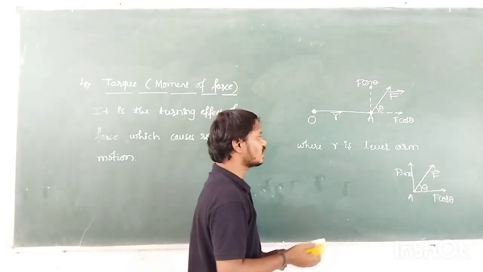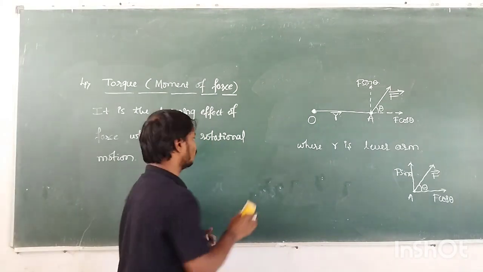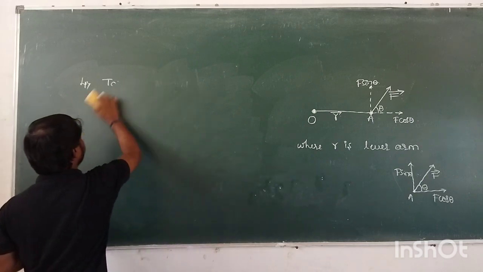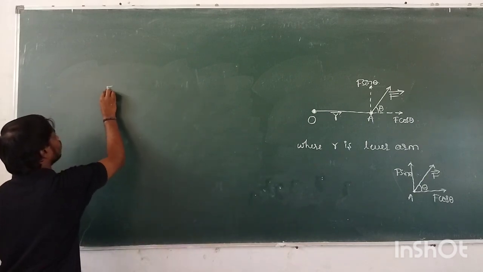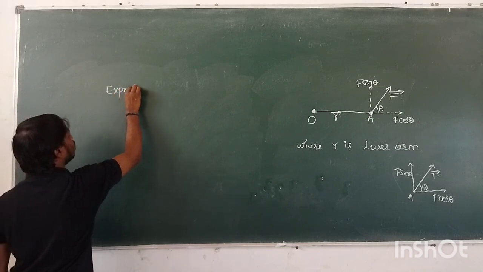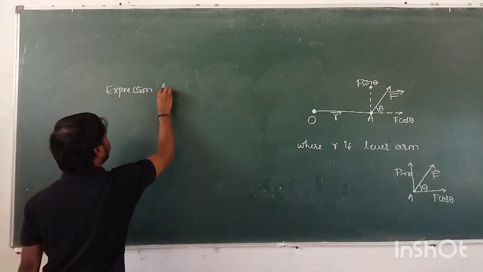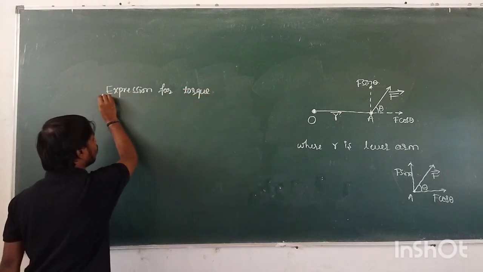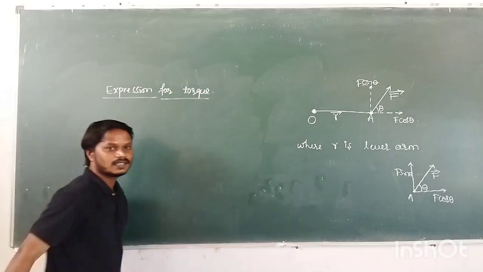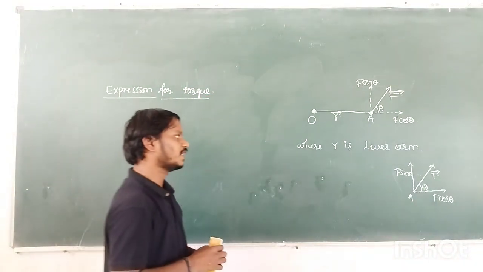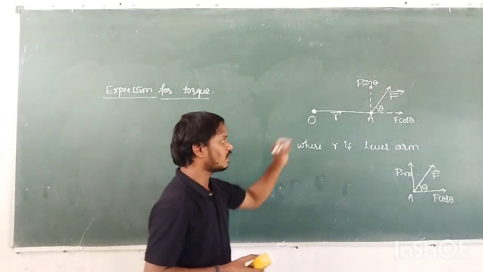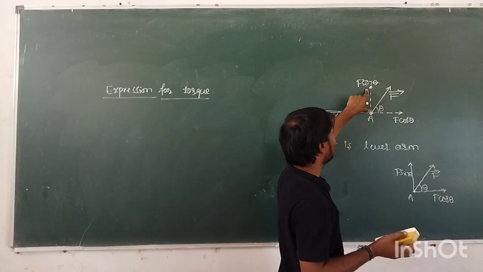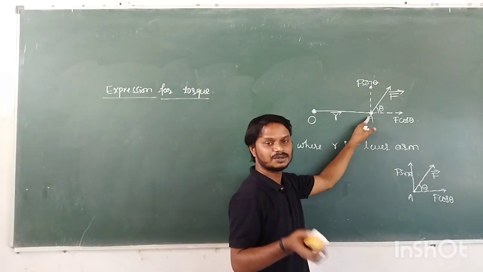Okay. Now, what is the mathematical expression for torque? Torque is also called the moment of force because it causes the rotational motion. By the diagram, the product of the perpendicular component of force and the position vector gives the torque.